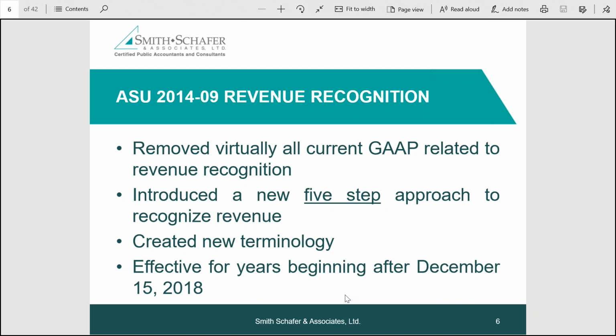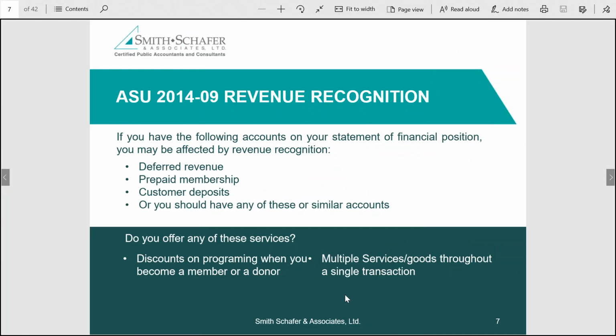So what type of accounts or activity might you see that cause you to have a revenue recognition problem? Well, if you have certain accounts on your statement of financial position, you might have a revenue recognition problem. And that might include deferred revenue, prepaid membership, customer deposits, or maybe you should have some of these or similar accounts on your statement of financial position.